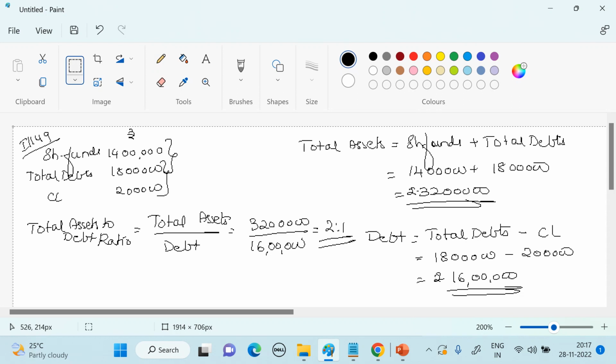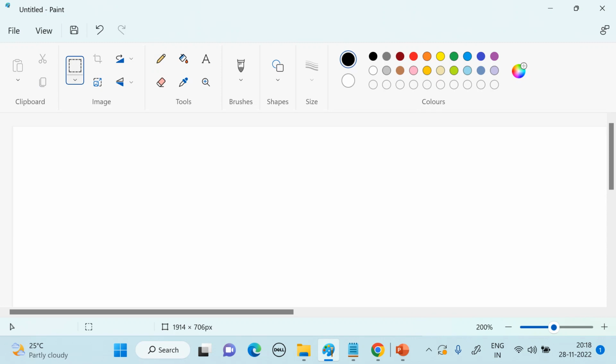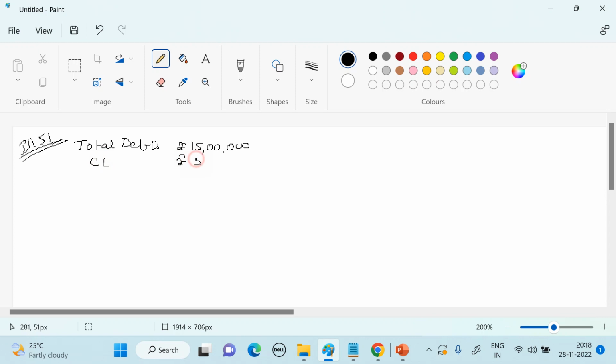That is illustration number 51. Look at that. The information given is total debts is rupees 15 lakhs. Current liability is rupees 5 lakhs.